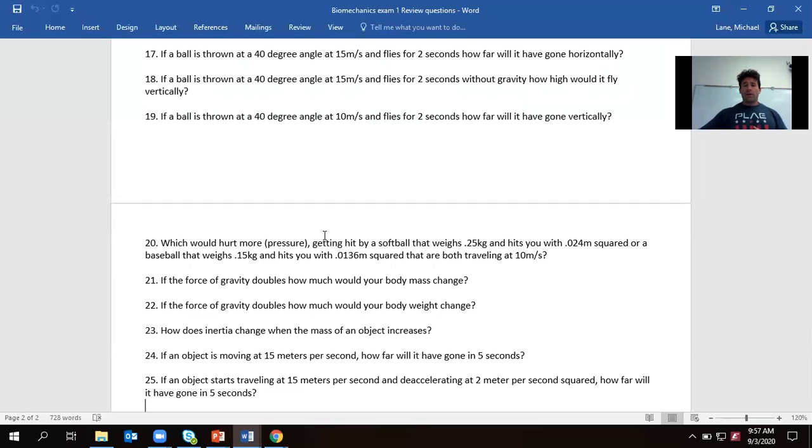You take that kinetic energy of the softball and divide it by 0.024. That gives you the pressure it produces when it hits you. Then we do the same thing with the kinetic energy from the baseball, only divided by 0.0136, because a baseball is obviously much smaller in diameter. Now we have the pressure for each of those, and it's simply which one's higher.